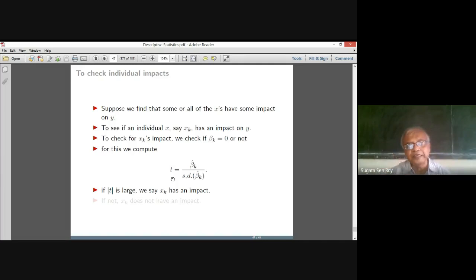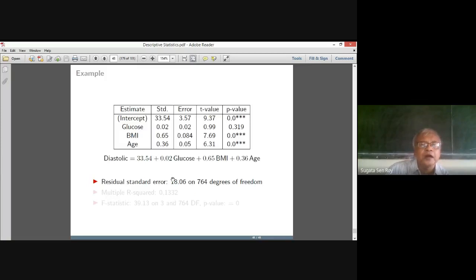If an individual beta comes out to be insignificant, then that variable does not have an influence on y. If it is significant, you can say that this variable should be included. If it is insignificant, it can be taken to be 0, and I can drop the variable from the regression model.